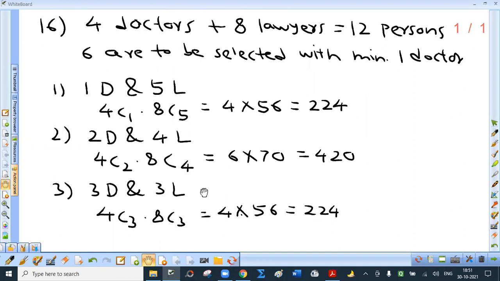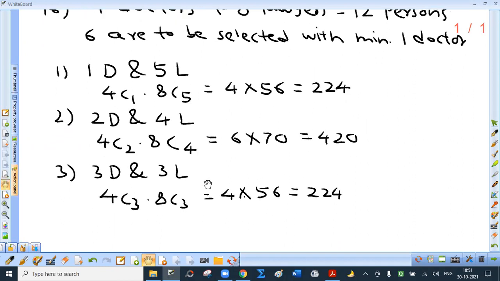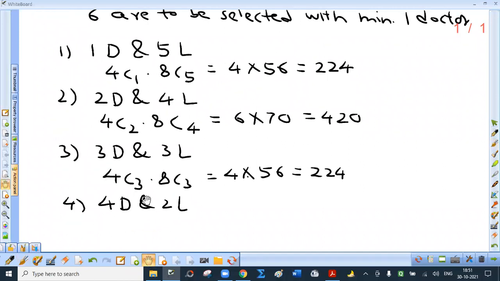So 4C3 into 8C3, that is 4 into 56 equal to 224. And last possibility, 4 doctors and how many lawyers? 2 lawyers. So number of ways 4C4 into 8C2. Now 4C4 is nothing but 1. And what is 8C2? 8C2 is 28.